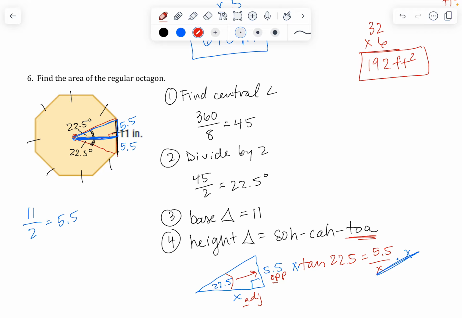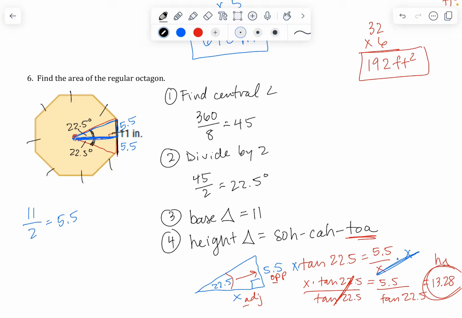And then what we have is x times tangent 22.5 equals 5.5. Divide both sides by tangent 22.5. Those cancel out, and then we're going to have to type that into our calculator. It should come out to be 13.28, and that is the height of our triangle.